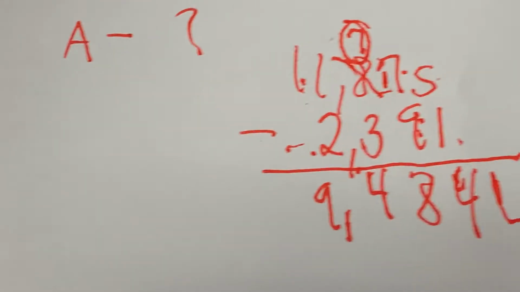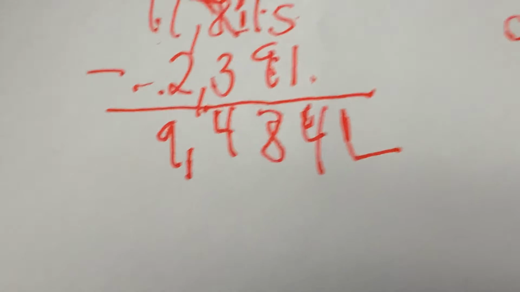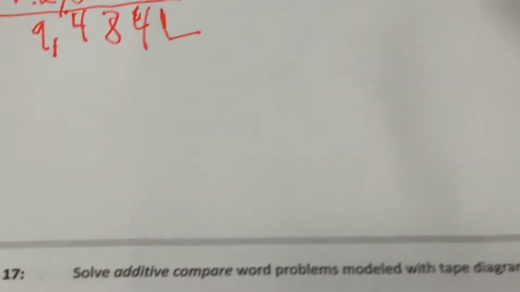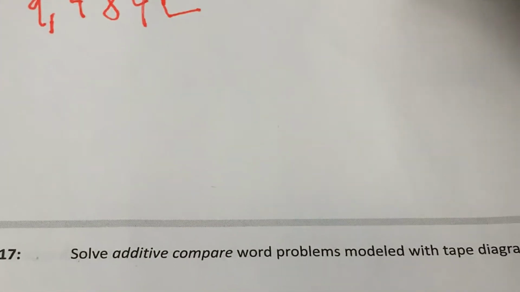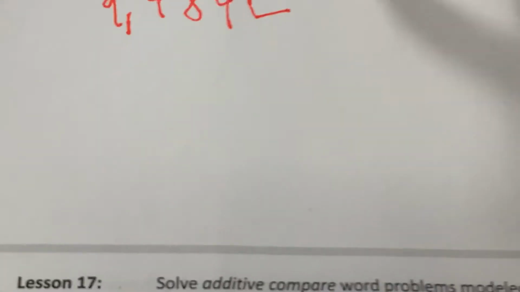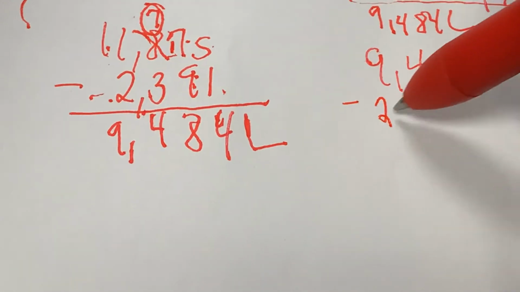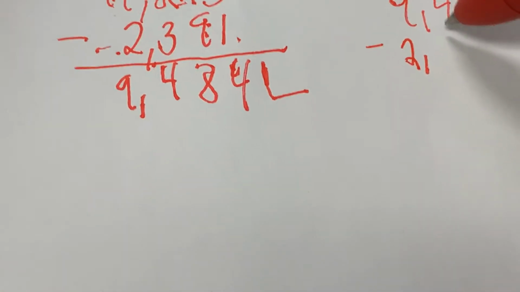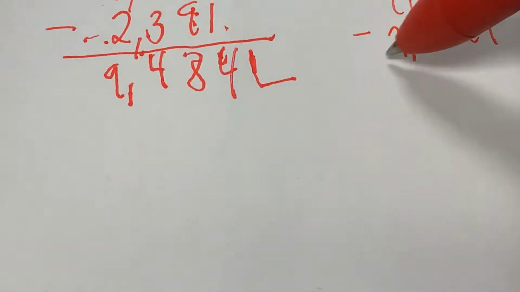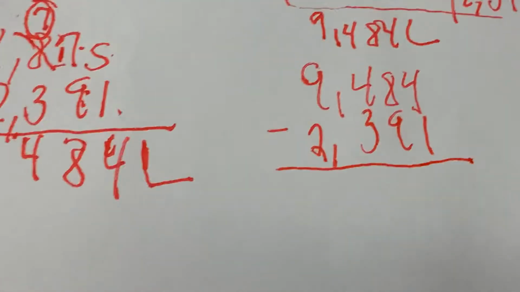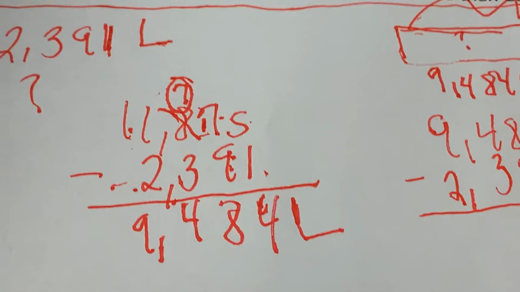So I'm going to come here, set up me a subtraction problem. 9,484 minus the 2,391. And that's, remember, the 2,391 is what container B holds.